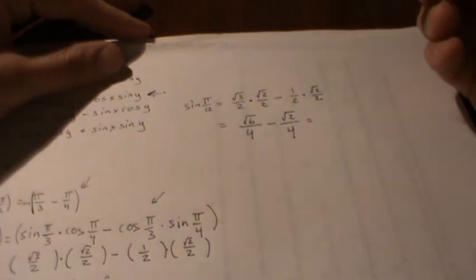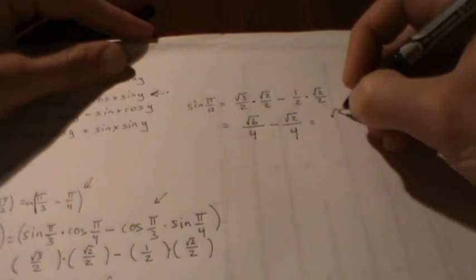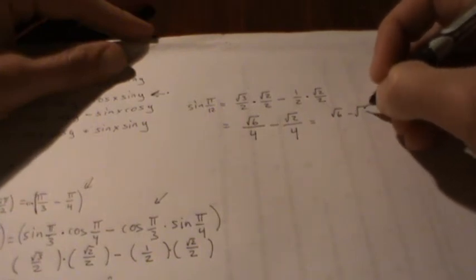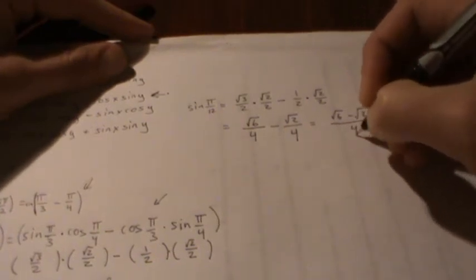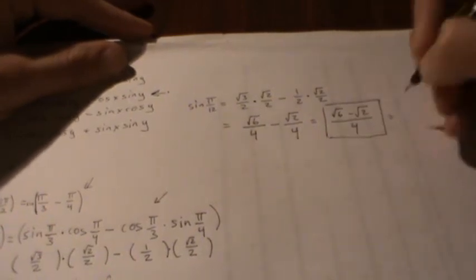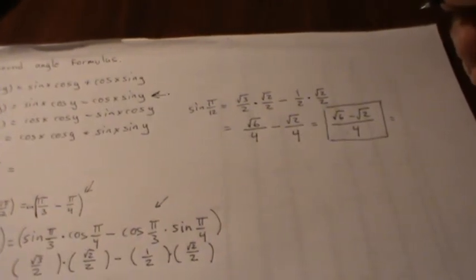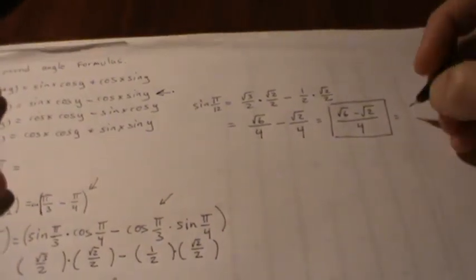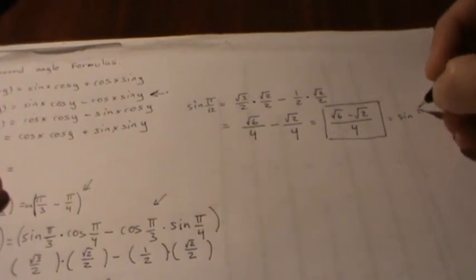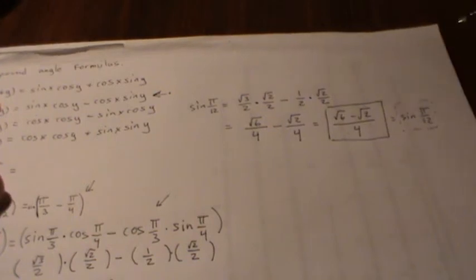And then these already have common denominators, so I can just combine them. Square root of 6 minus the square root of 2, over 4. And that's as simple as it becomes. You can calculate this in your calculator and get a decimal value as well. And this is what the sine of pi over 12 is equal to.